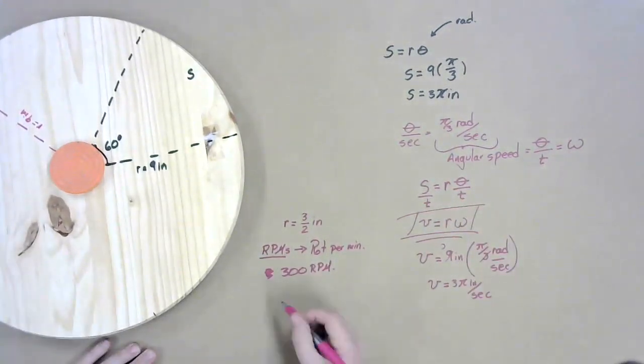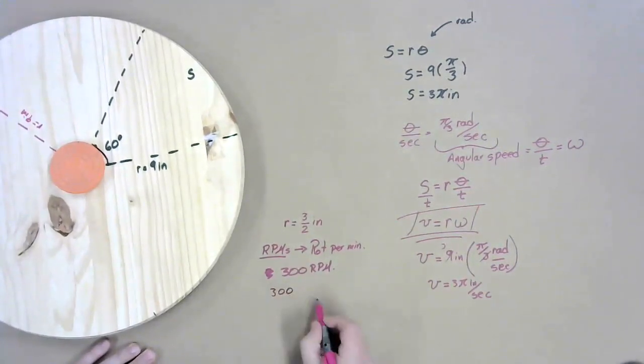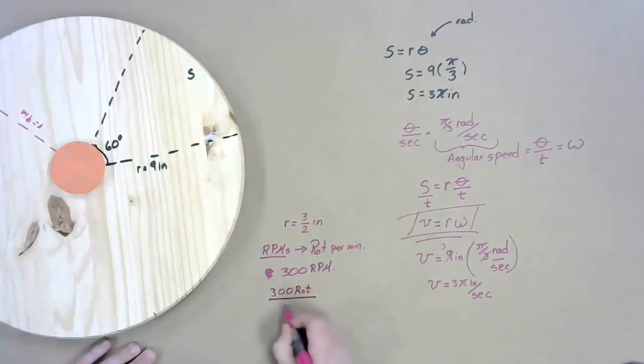But the nice thing is, we know all the pieces we need to do that. That 300 is, as we said, 300 rotations per 1 minute.